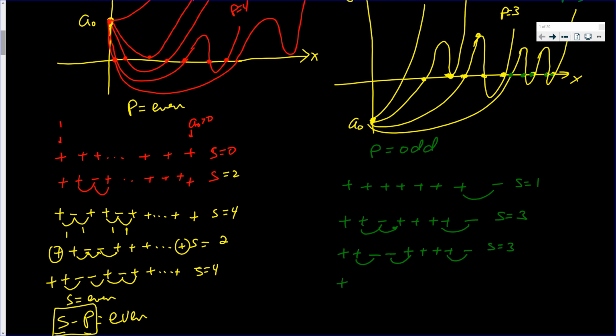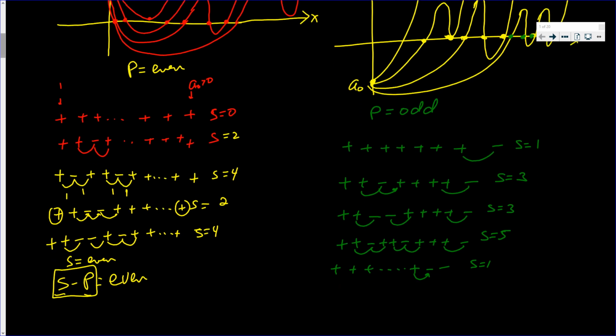If you have 2 in the middle, but they're not together: negative, plus, plus, negative, plus, plus, plus, you're going to have one sign change, a second, a third, a fourth, and a fifth. S is 5. And one might argue, what if you put 2 at the end? Then you're only going to have one sign change. And if you put 2 in the middle, or one more in the middle, you'd have 3 sign changes. We have that S is going to be odd.